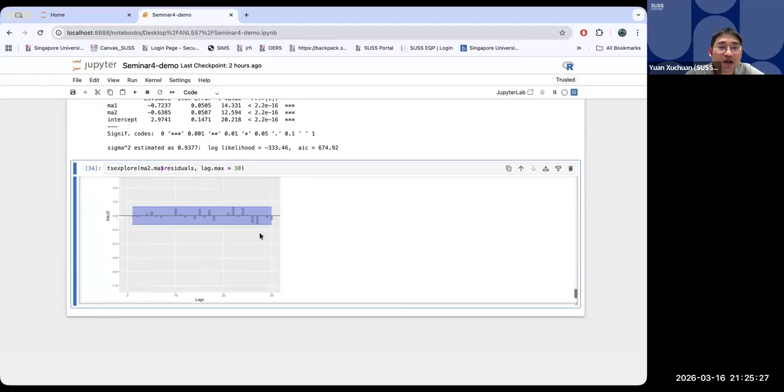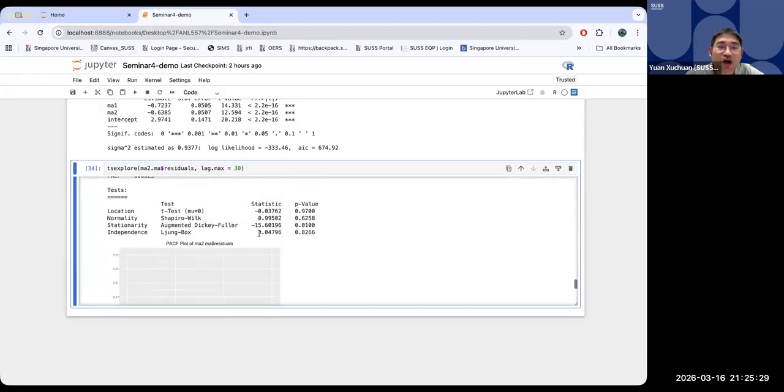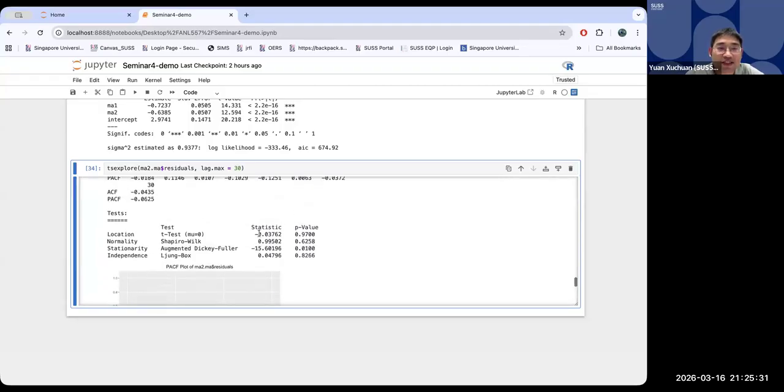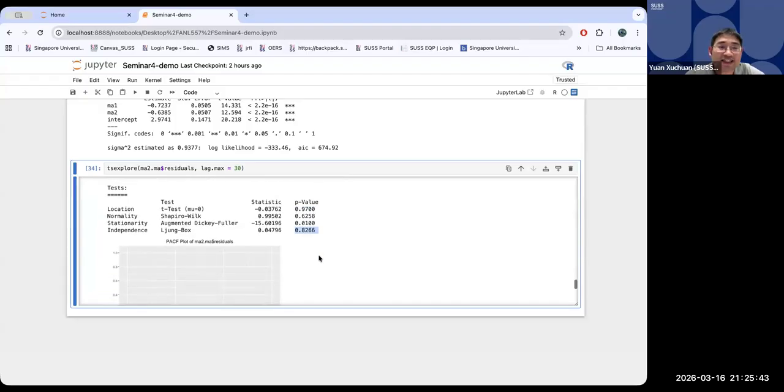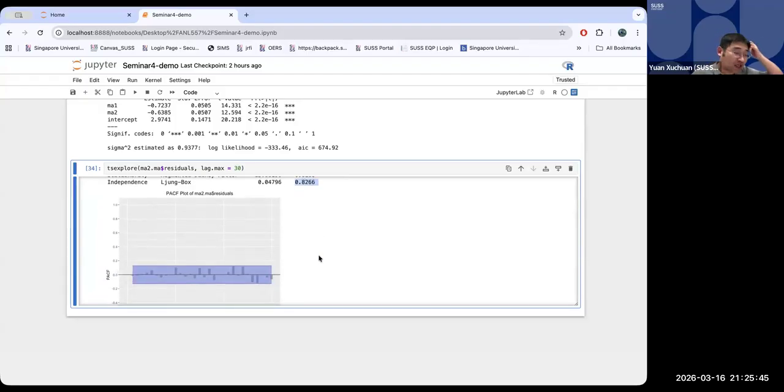So it seems the residuals have no correlation. The t-test says the mean is 0, they are normally distributed, and they are not correlated. So here MA2 can fit the series quite well.